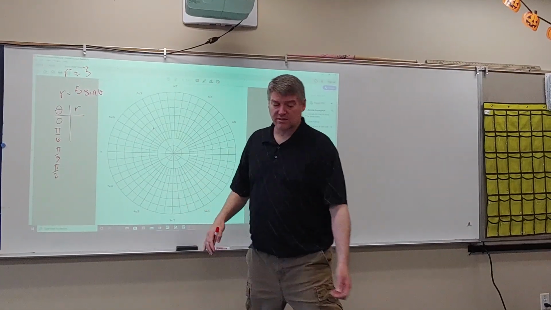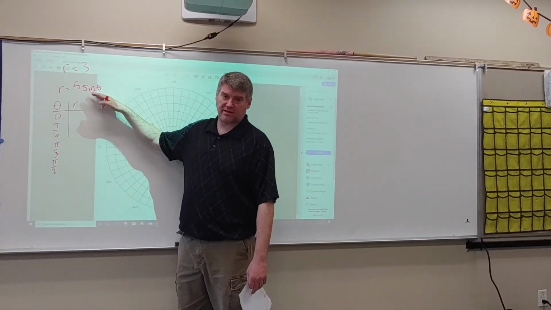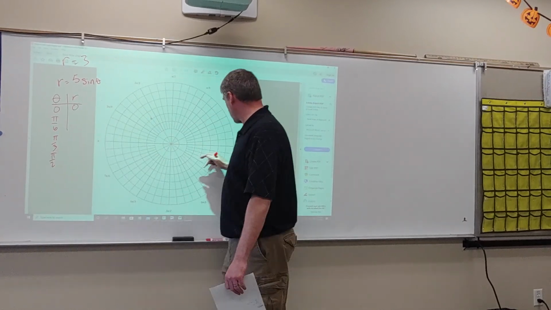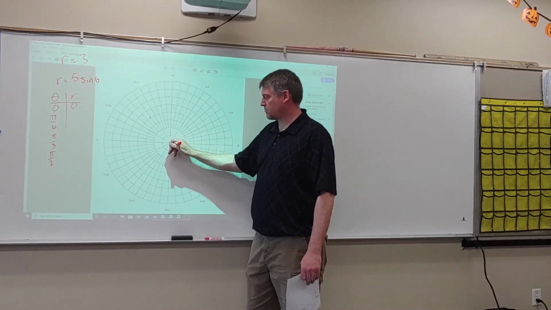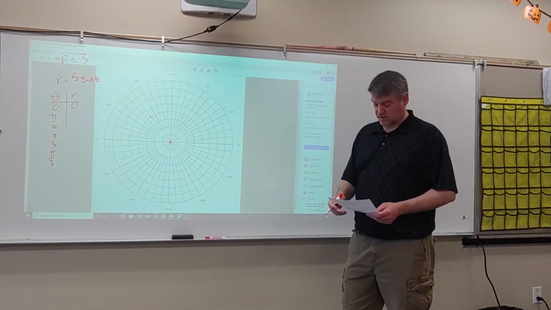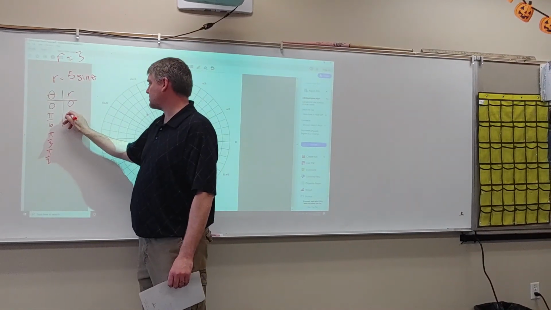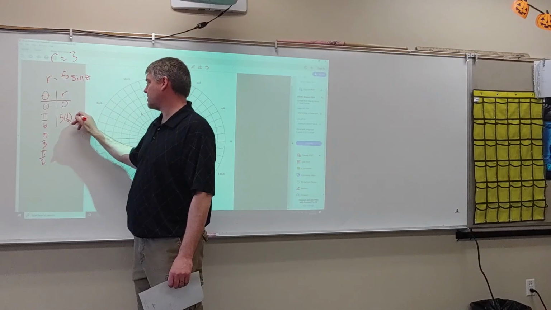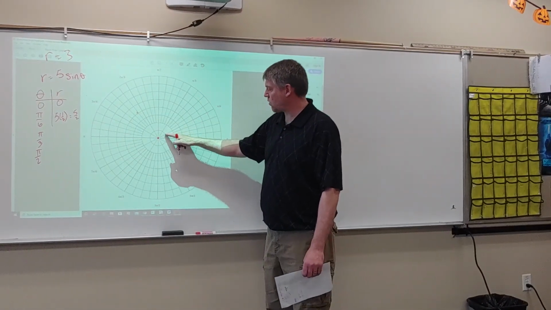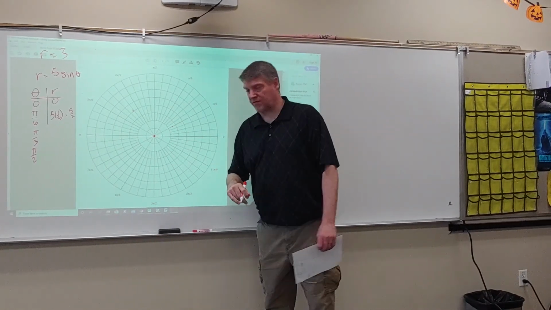If I plug in 0, sine of 0 is 0, 0 times 5 is 0, so at 0 I'm right there. Now I'm going to plug in pi over 6. Sine of pi over 6 is 1/2, so this becomes 5 times a half, or 5 halves. So at pi over 6, 5 halves is going to be right about there.